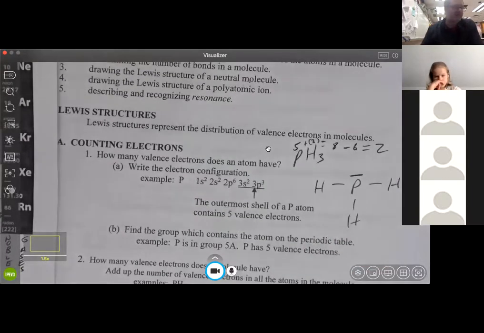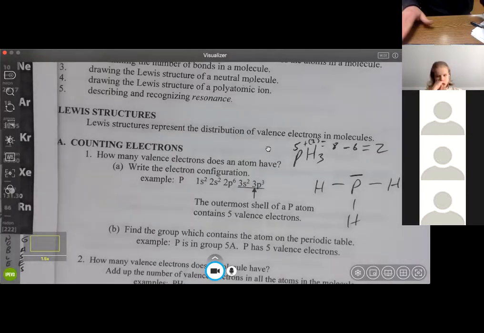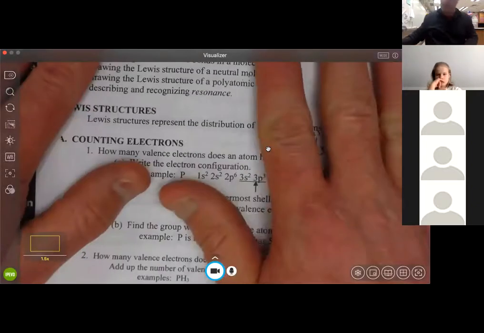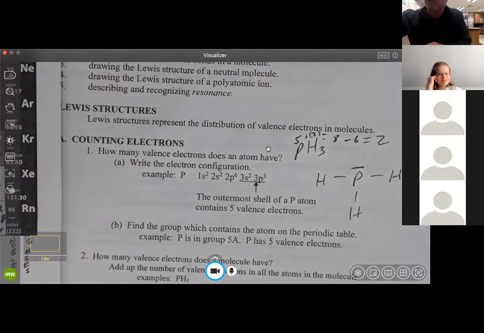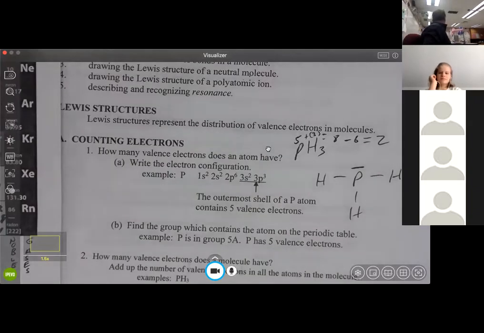Now, I always jump the gun, and I don't like writing dots very much. But you could also draw that line as 2 dots.